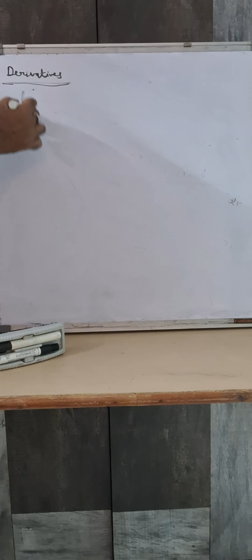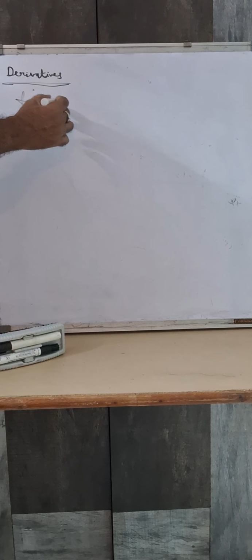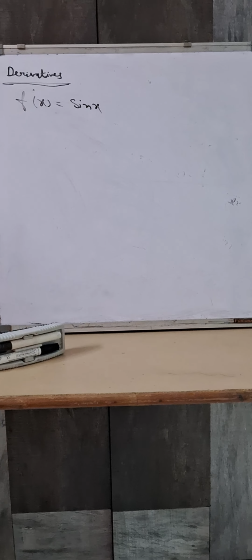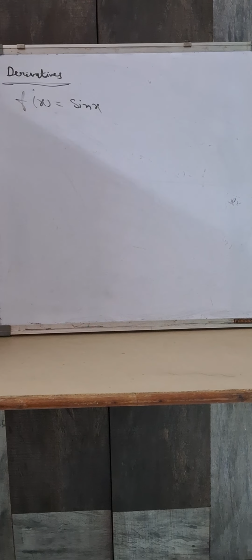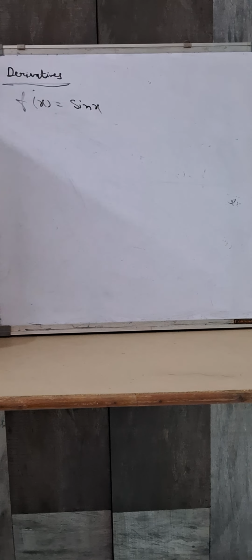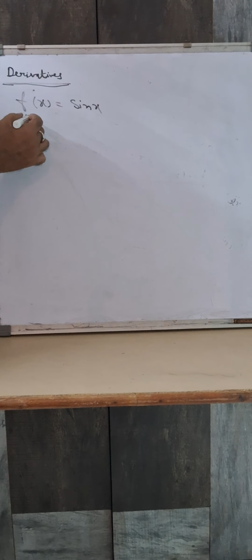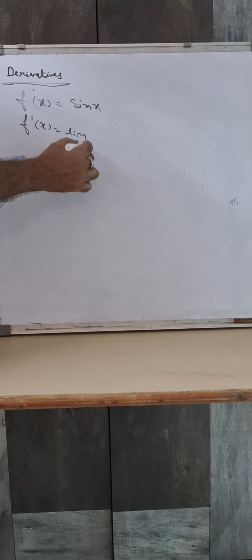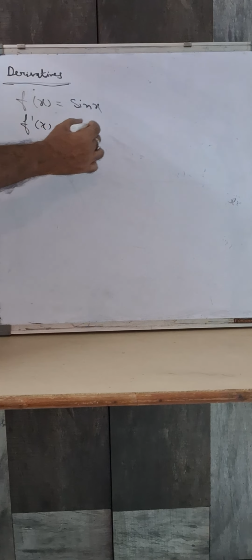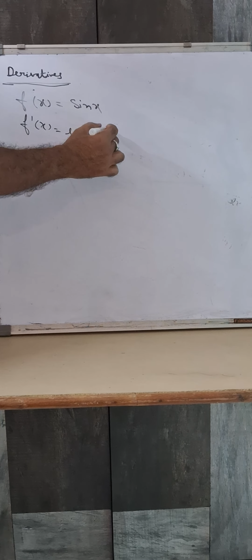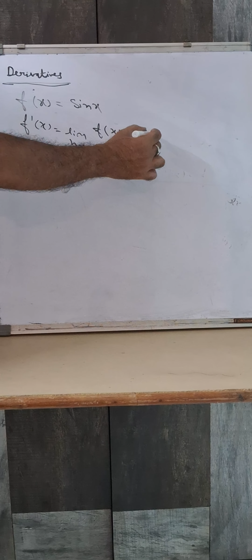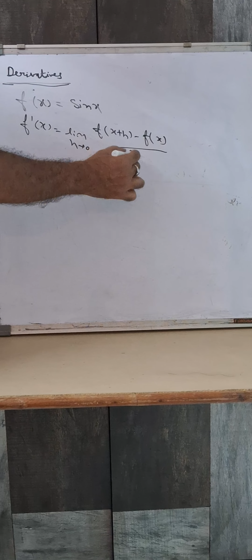If f(x) equals sin x, what is the derivative of it? f(x) equals sin x, so differentiation is f'(x) equals limit h tends to 0 of [f(x+h) minus f(x)] upon h.